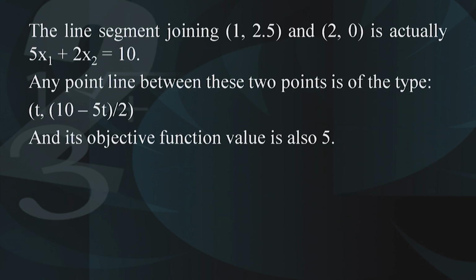The line segment joining (1, 2.5) and (2, 0) is actually the line 5x1 plus 2x2 equals 10, and any point which lies between these 2 points will be of the type (t, (10 minus 5t) upon 2), and its objective function value will also be 5, and hence this will give the optimum solution.